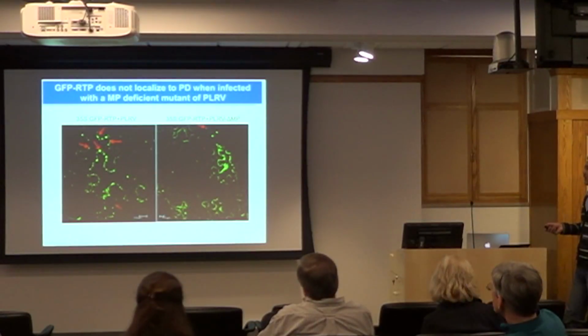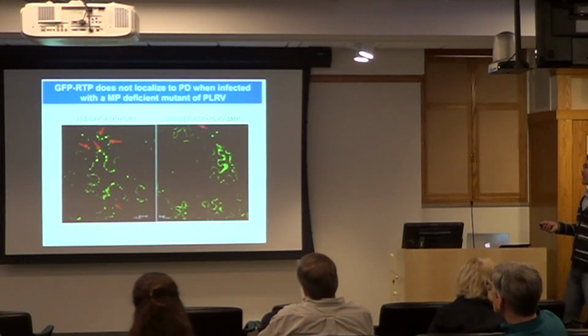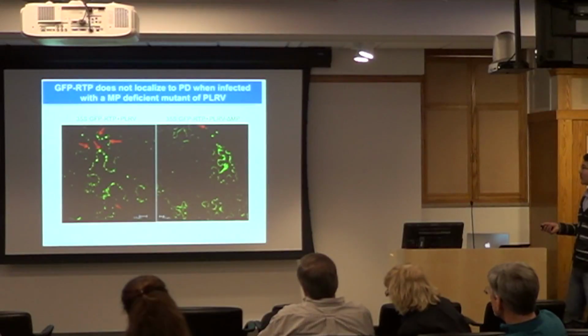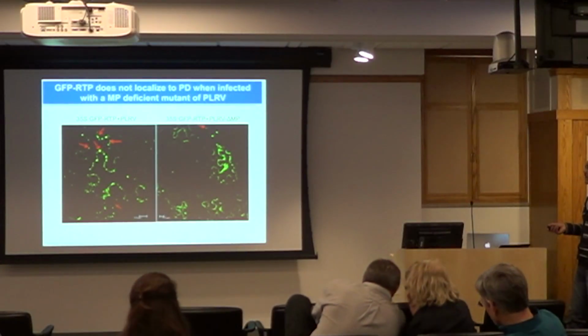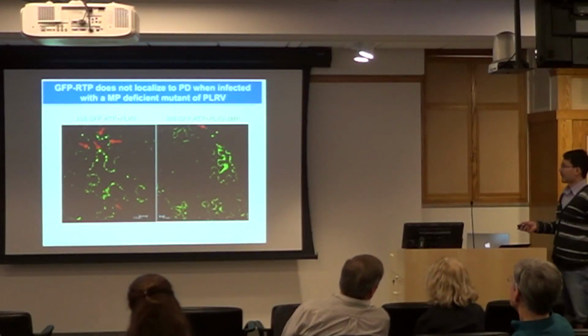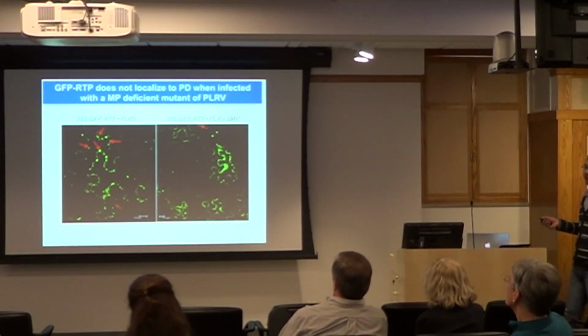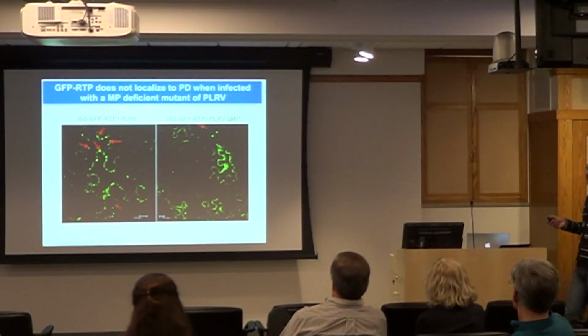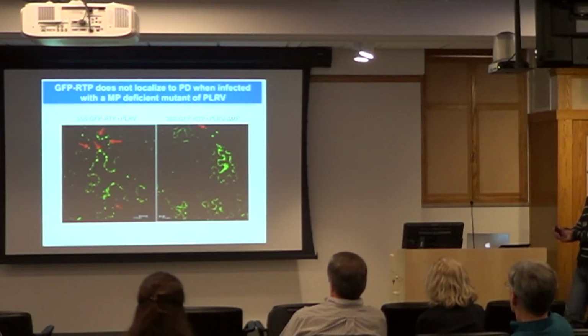We found that RTP doesn't localize to plasmodesmata with the MP deficient mutant, indicating the MP protein helps the RTP protein get to the plasmodesmata.